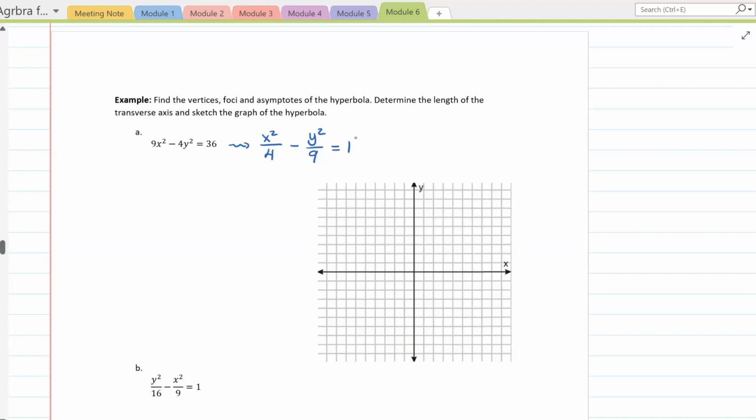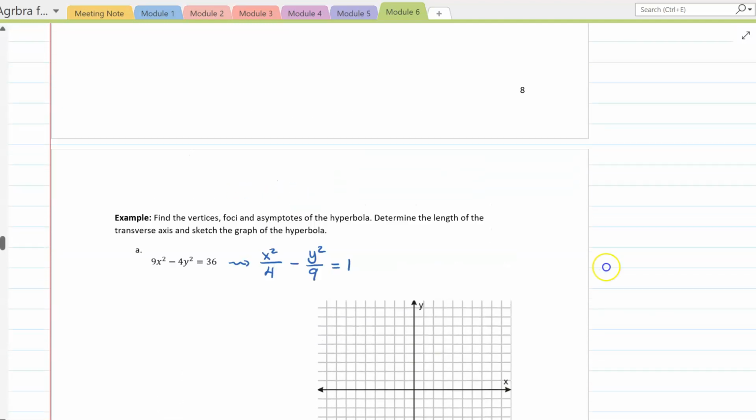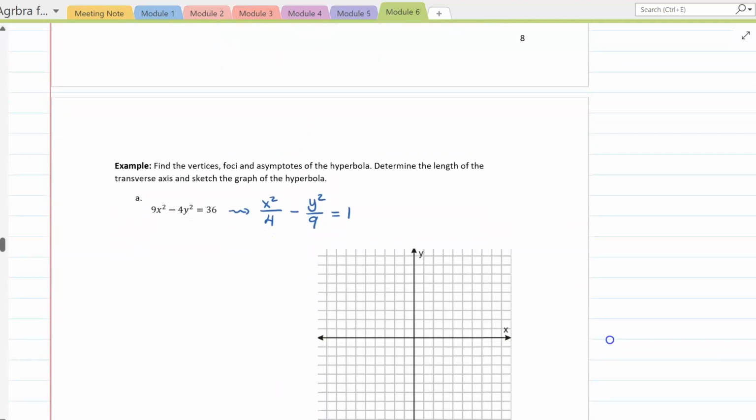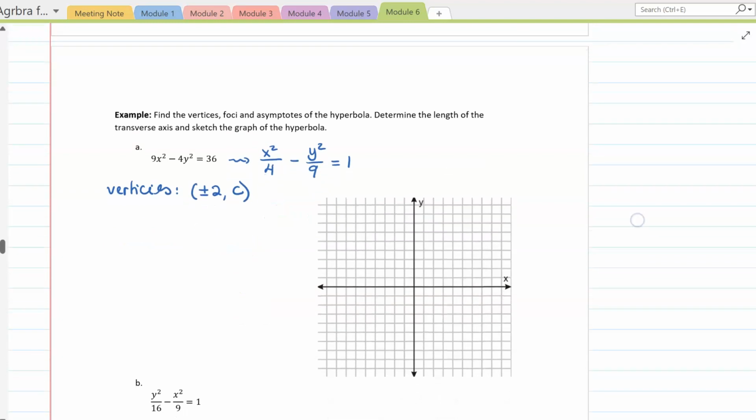Because we have x squared minus y squared, this hyperbola opens horizontally. The vertices are a, so in this case the vertices are plus or minus 2, 0. So we have two points, plus or minus 2.